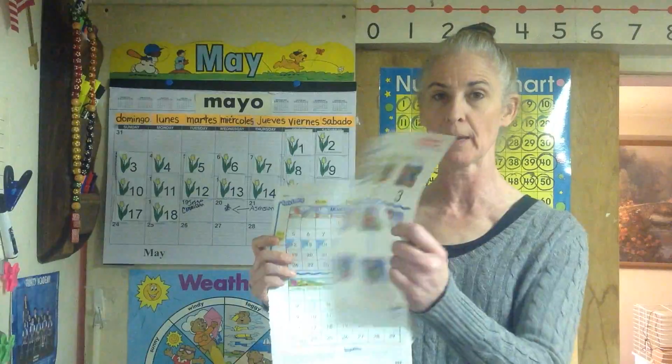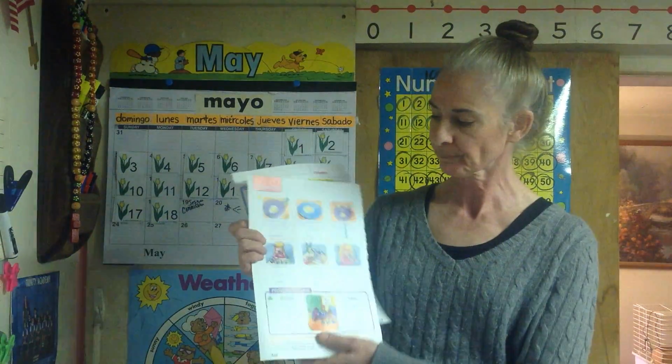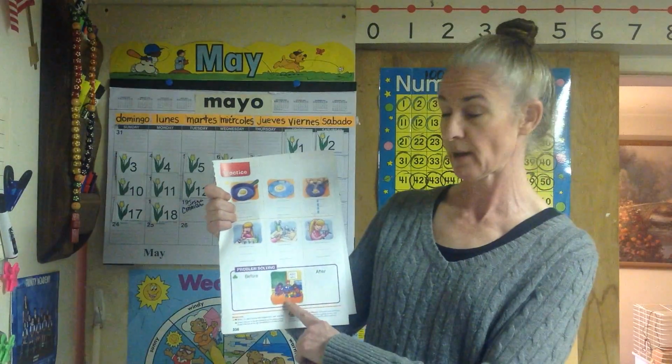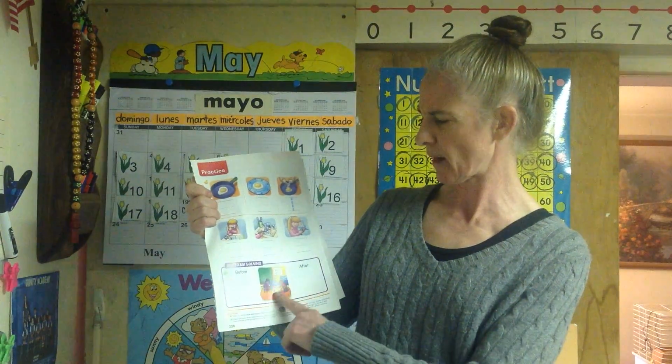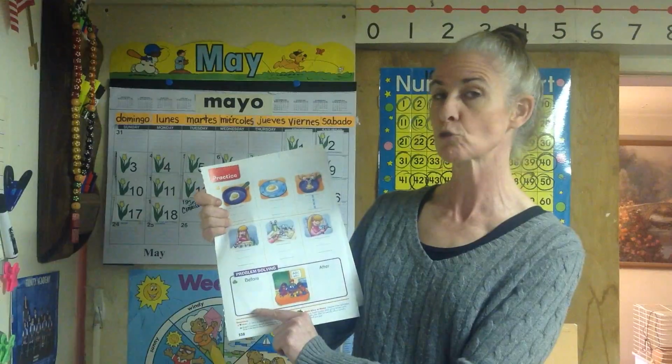So you're going to do this page in your book. And here, there is a picture that shows an activity going on in the classroom. They want you to draw what would happen before that activity and what would happen after that activity, okay?